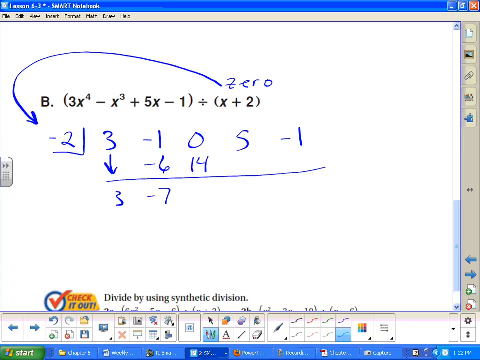Combine them. 0 plus 14 is 14. Negative 2 times 14, negative 28. Combine them, we get negative 23. Negative 2 times negative 23 is 46. And I combine them and I get 45.